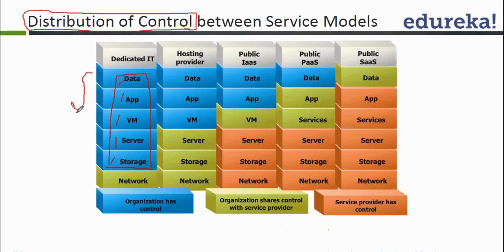Why? Here you are responsible to manage everything. You have to set up storage, server, VM, the application on that, and the data. If something goes wrong on the server, you have to run and fix it. You have to plan for the security, the backup, and the high availability. Everything you are responsible for.